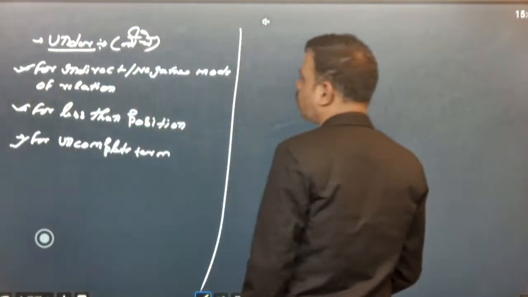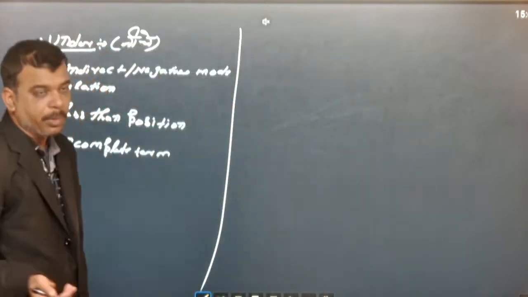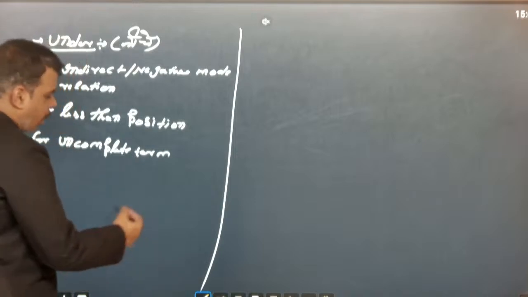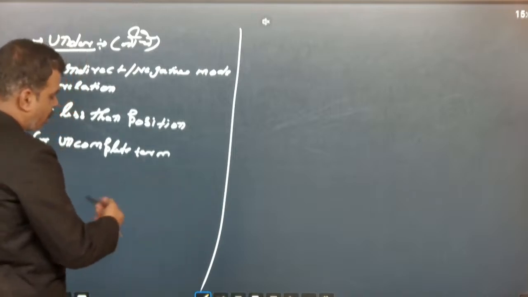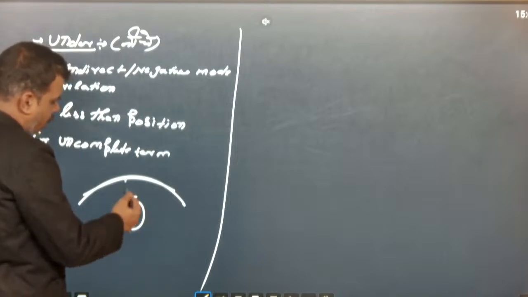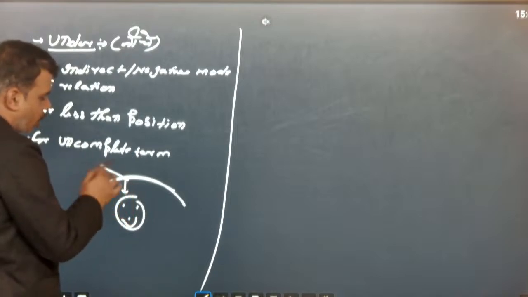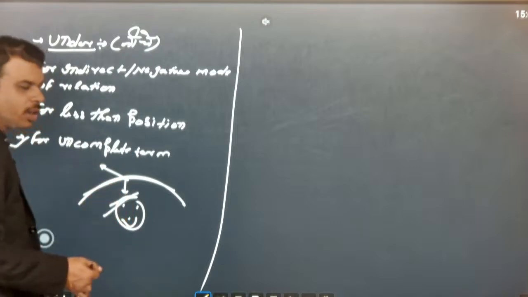The first one is indirect negative mode of relation. If you remember, over was the indirect positive mode of relation. It means something was passing over the subject, but it was not connected. So the upper condition is for over and the lower condition is for under.